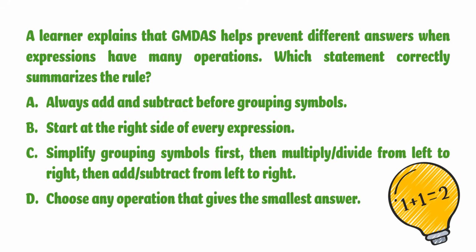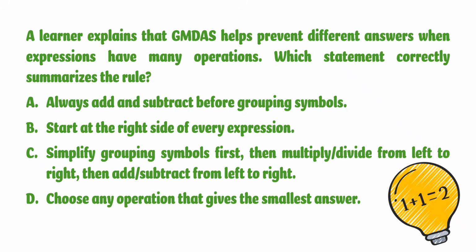Okay, for this item, listen carefully and analyze. A learner explains that GMDAS helps prevent different answers when expressions have many operations. Which statement correctly summarizes the rule? A. Always add and subtract before grouping symbols.